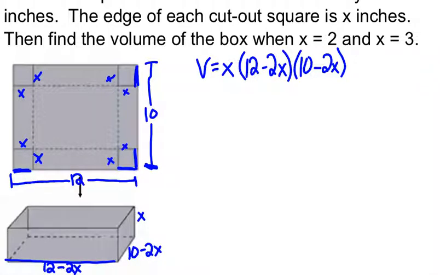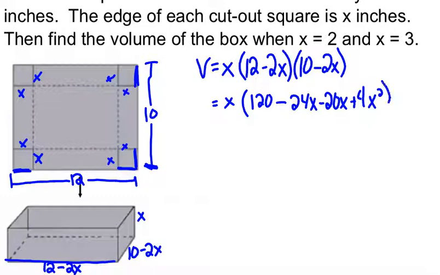Boy, I'm not really sure if they want us to FOIL this out or not. I'm okay with this. If you get to a problem in your book and it says they want it all expanded out, you can go ahead and do that. I would FOIL these two things first. So 120 minus 24x minus 20x plus 4x squared.